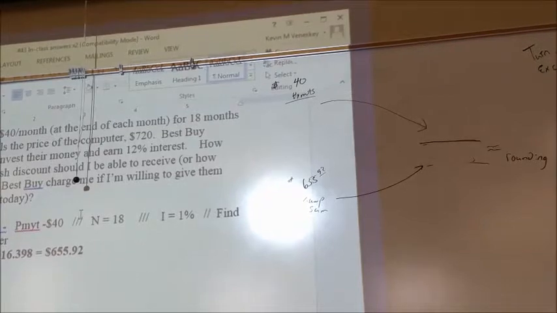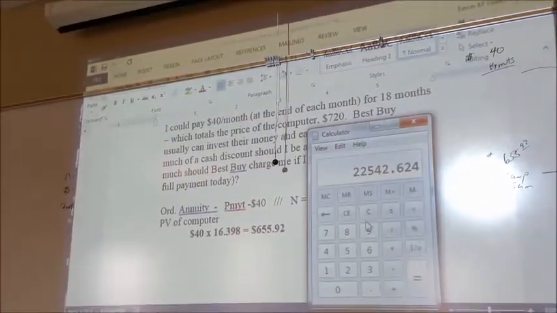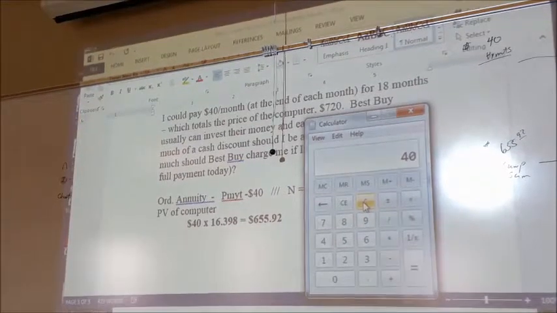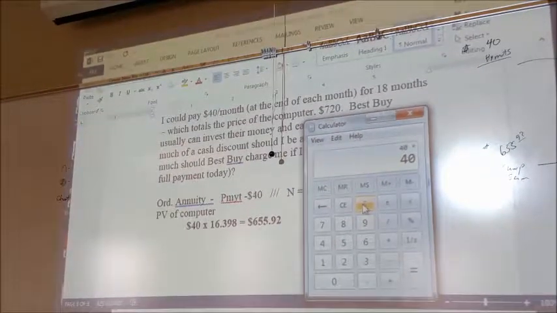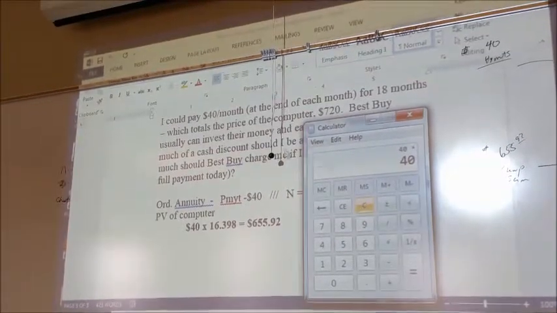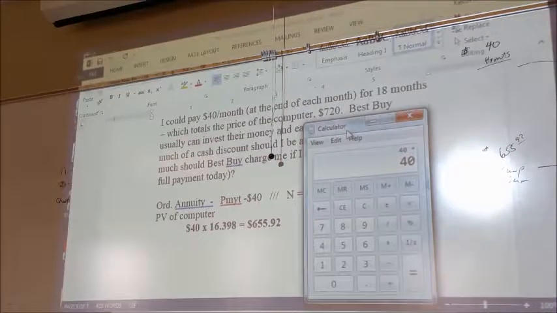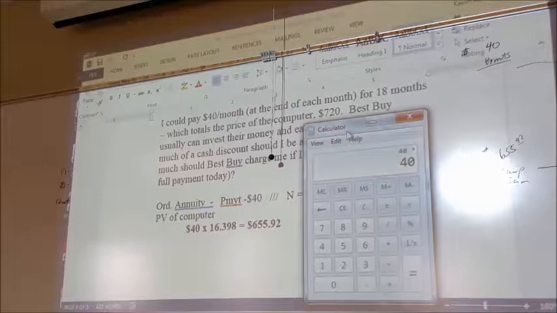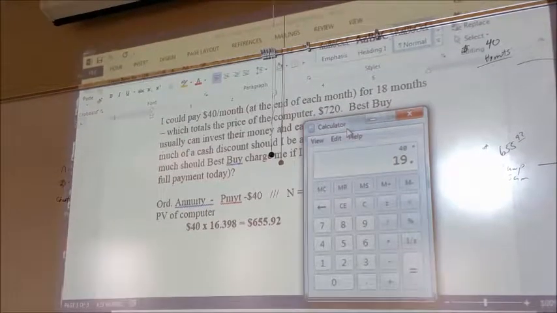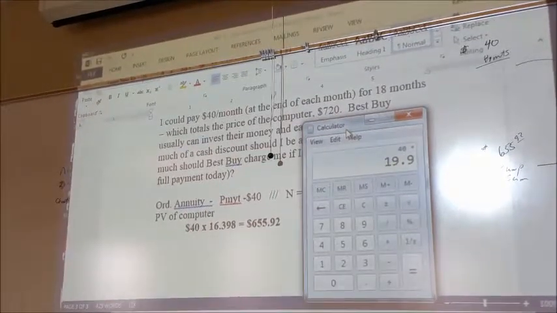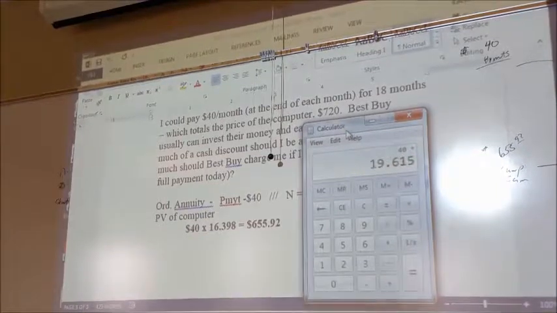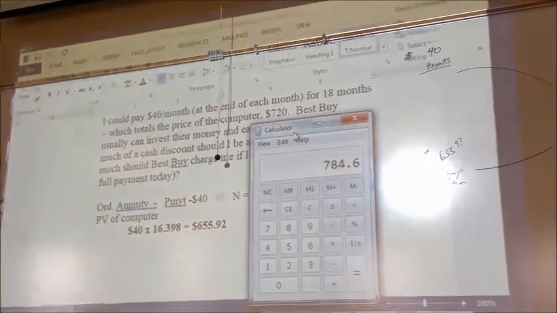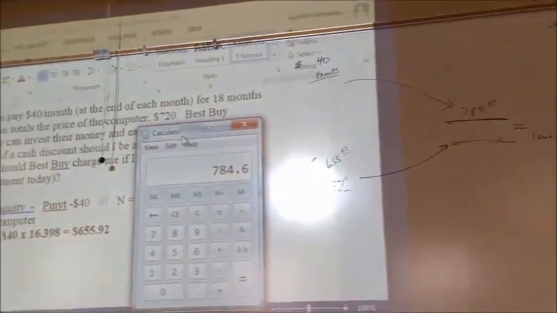So we get out our charts. I'm going to do the top one first. $40 payments, and then the annuity, N is 18, I is 1, future value of the annuity. They earned and invested it in inventory at 12% return.